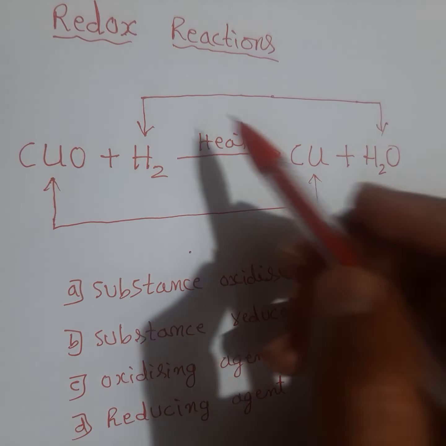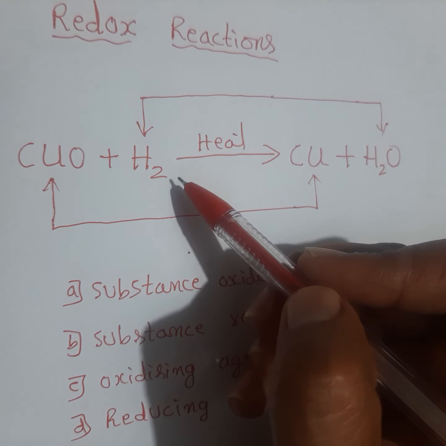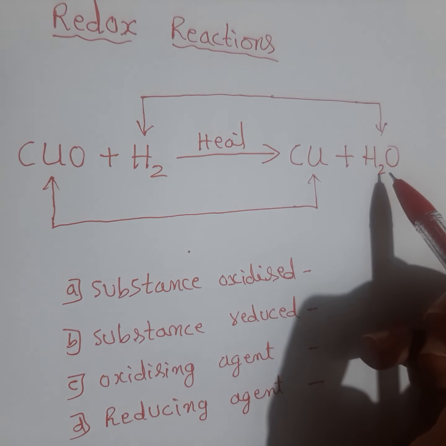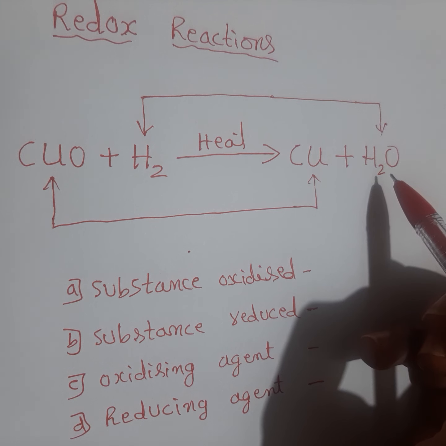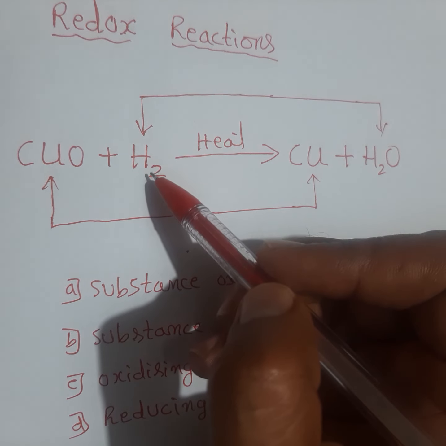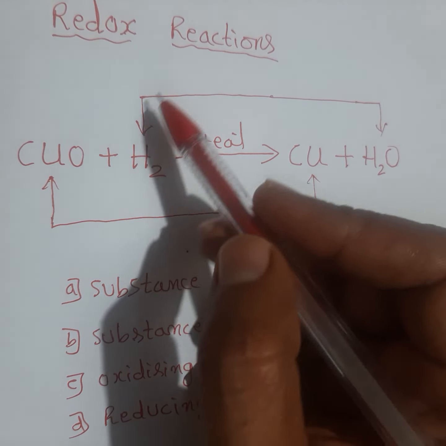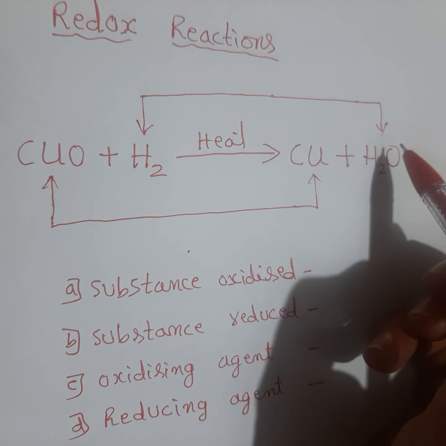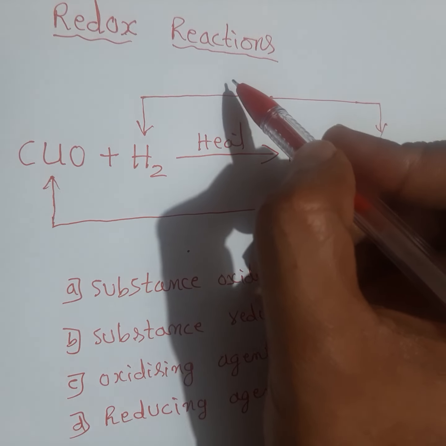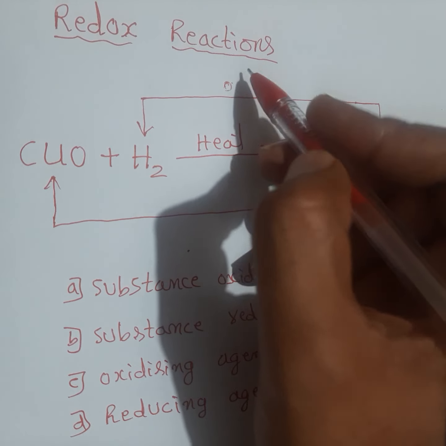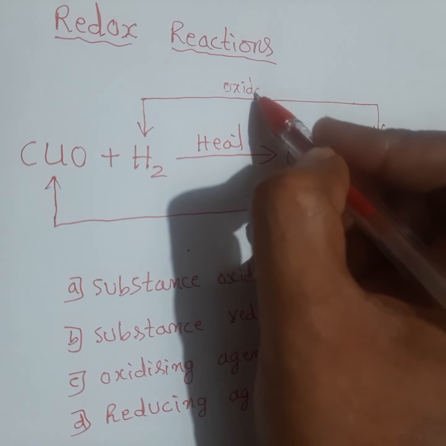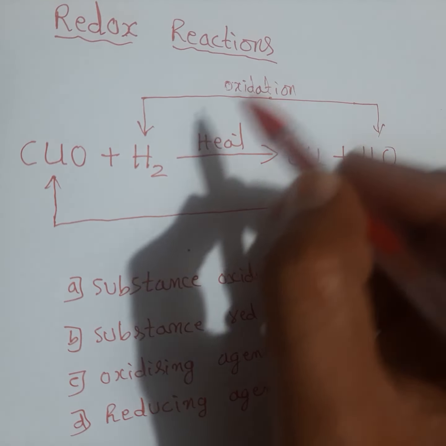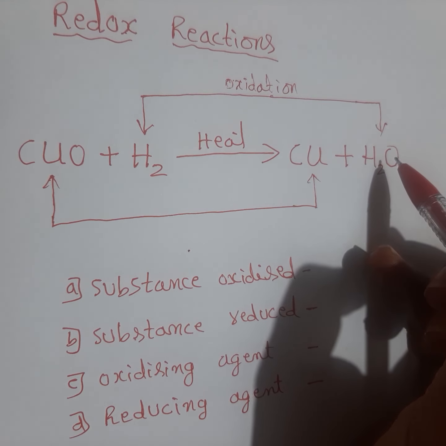So oxygen is added to hydrogen. According to the definition, addition of oxygen to a substance is oxidation. So this must be an oxidation. Here I'll write oxidation. The oxidation reaction takes place here.